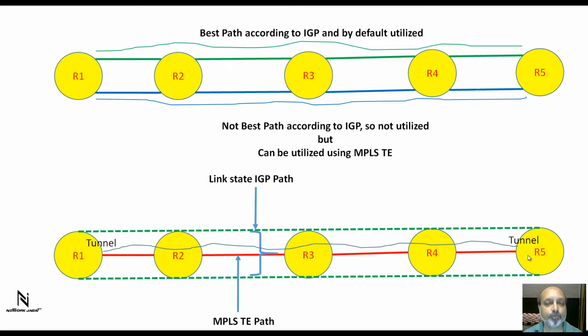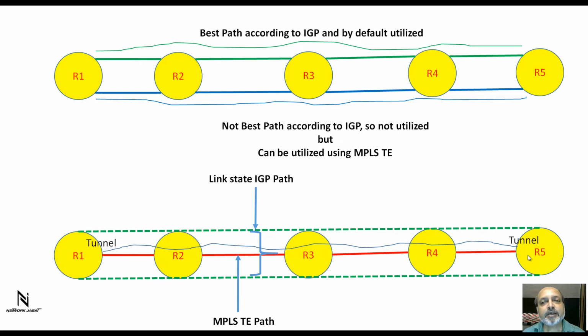Otherwise, how would they know that this is an interface through which I need to push the data into the TE path, right? Just like any other Fast Ethernet or serial interface, those interfaces need to be put into the routing table also, so that the tail end and the head end routers have an idea how to use that tunnel path, right?